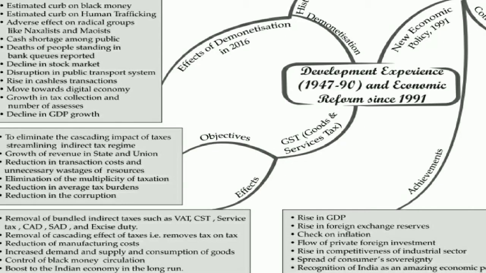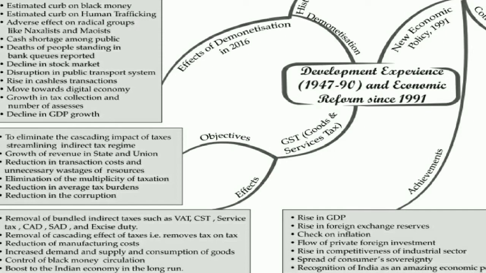How it was implemented and what was the effect was, now all the bundle of indirect taxes like VAT, CST, service tax, CAD, SAD, excise duty, these all were removed because only one tax we wanted to implement in the entire nation. That's why the GST was implemented.